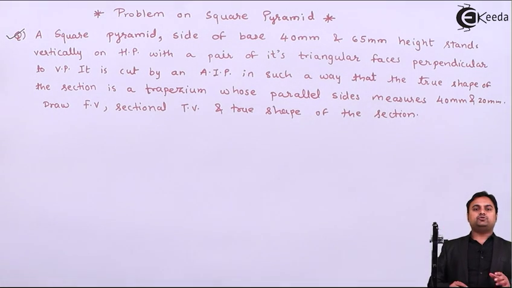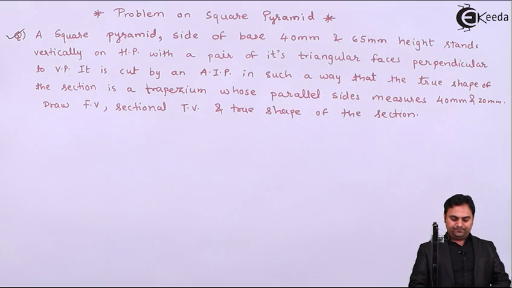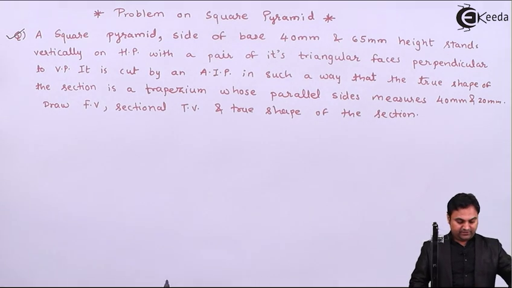By reading it, we understood that the type of solid is the square pyramid. I'll draw the diagram for that.